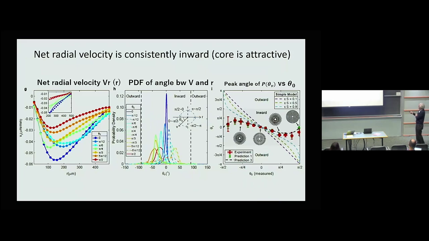This broken line is the prediction by the linear active force model. Even if I assume anisotropic friction, we should see some outward flow at highly bent spiral or target patterns. However, in our case, all the patterns show inward flow.